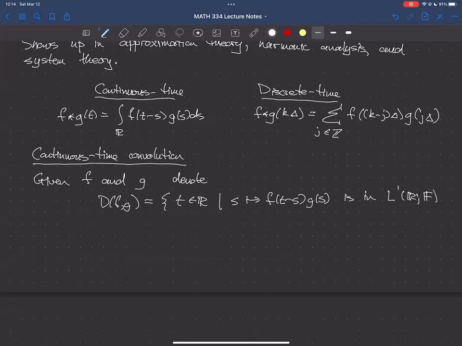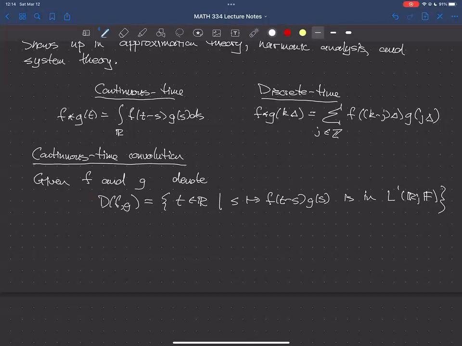And we'll think of these signals as being possibly F valued. So to calculate the convolution integral, you need for t to be in here, or else the integral doesn't make sense in the usual sense, at least.